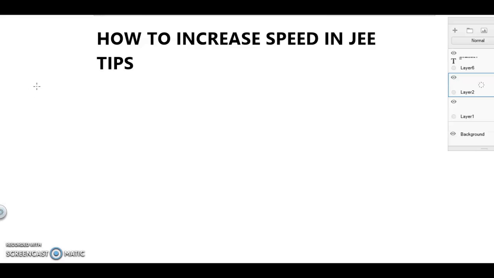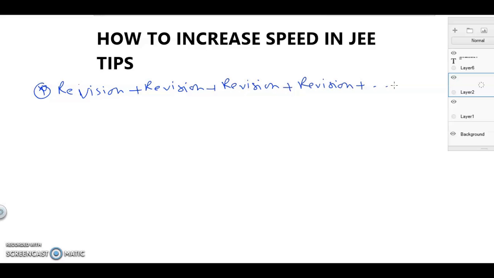First, just note down all the tips. First one is revision. Again revision. Again revision. Again revision. Revision is the most powerful thing to crack this type of joint entrance examination.